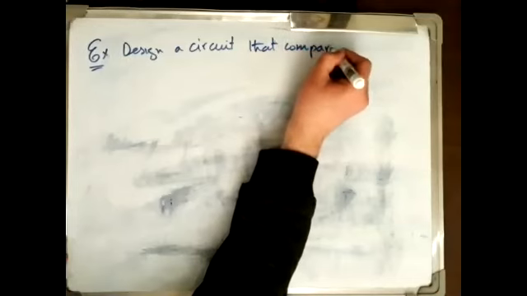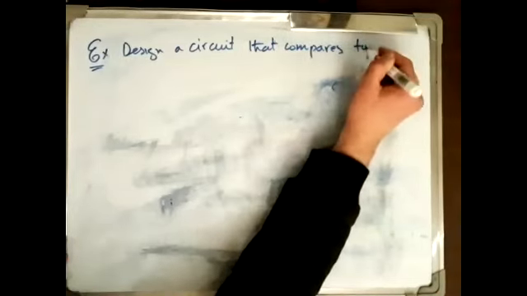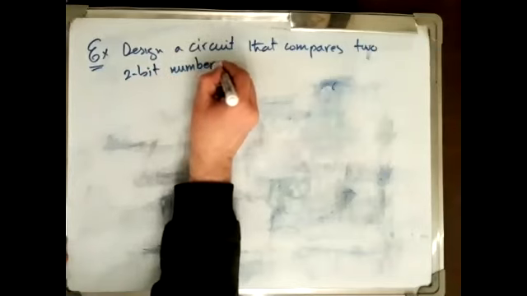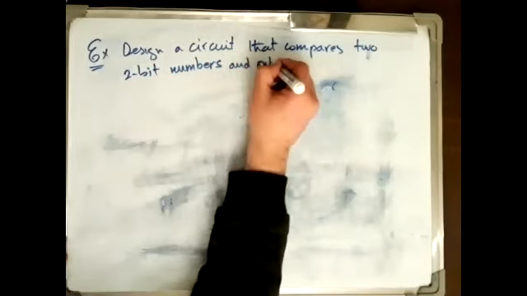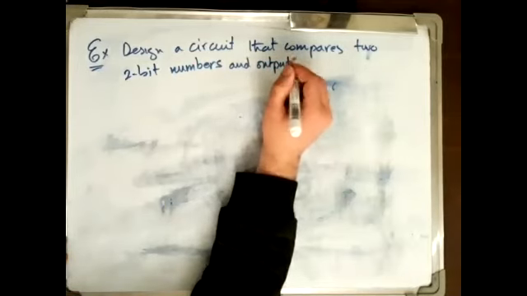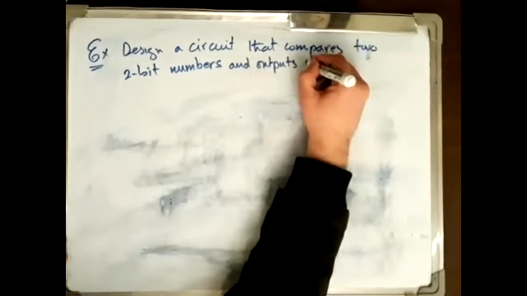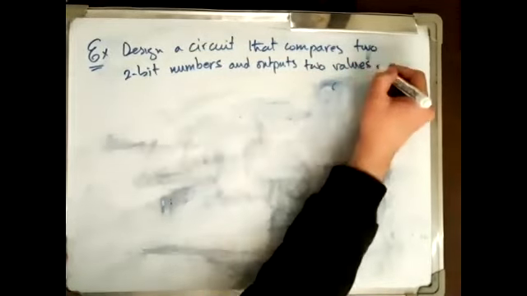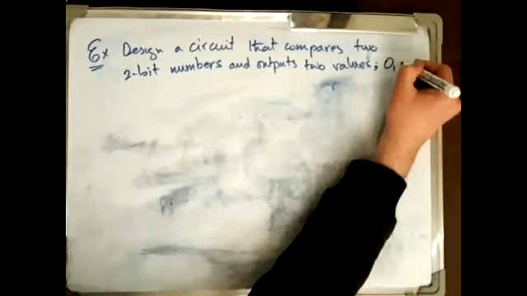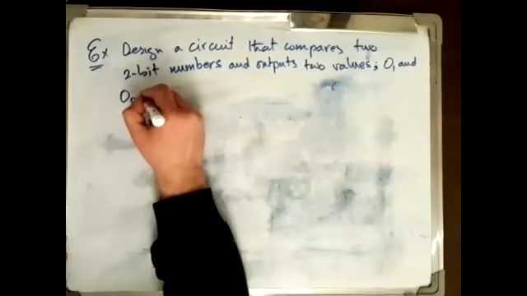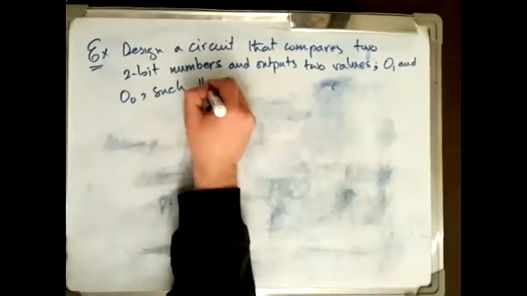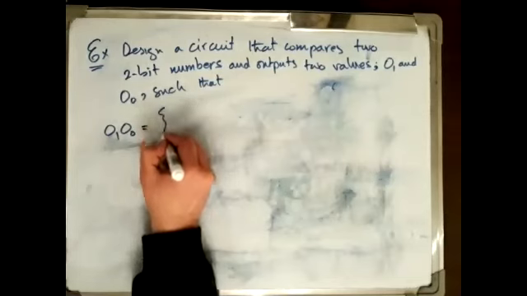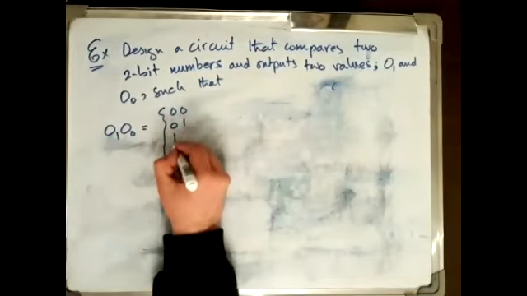compares two 2-bit numbers and outputs two values, which are called output 1 and output 0, such that output 1, output 0 equals 0, 0, 0, 1, 1, 0, 1, 1.